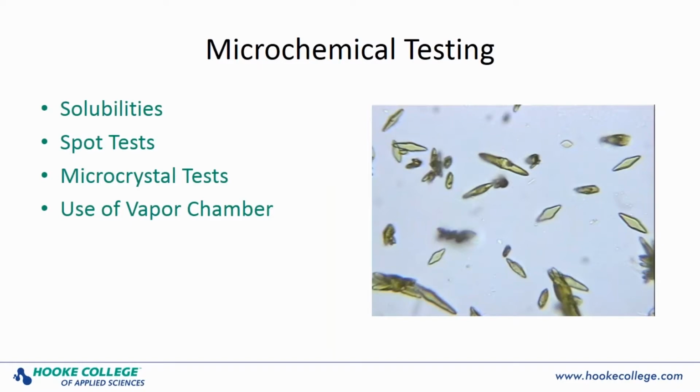Solubility testing can be performed on very small portions, and spot tests or color tests can be used to classify a paint as a lacquer, enamel, nitrocellulose, etc., or to determine the presence of organic functional groups. Additionally, microcrystal tests can be used to detect specific elements. The blades shown here in the photo are an indication that the element copper is present in this sample.